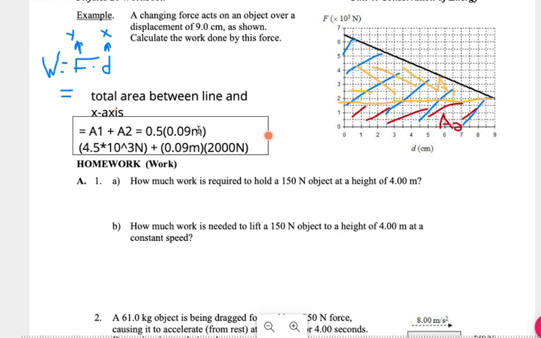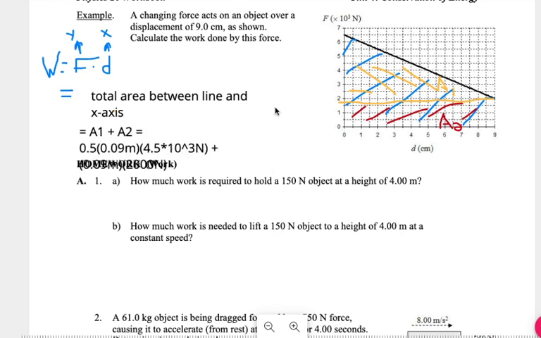We need to keep our units consistent. Meters and newtons are our standard units. So if we're calculating work in joules, we need to have meters and newtons as well. And this will give us 382.5 joules. And we need significant digits, 383 joules.